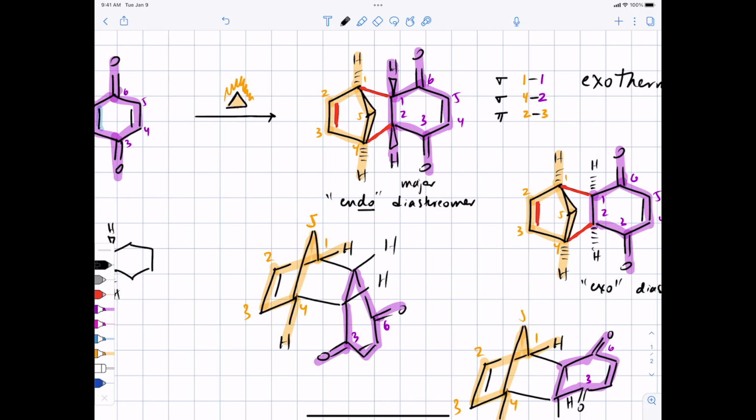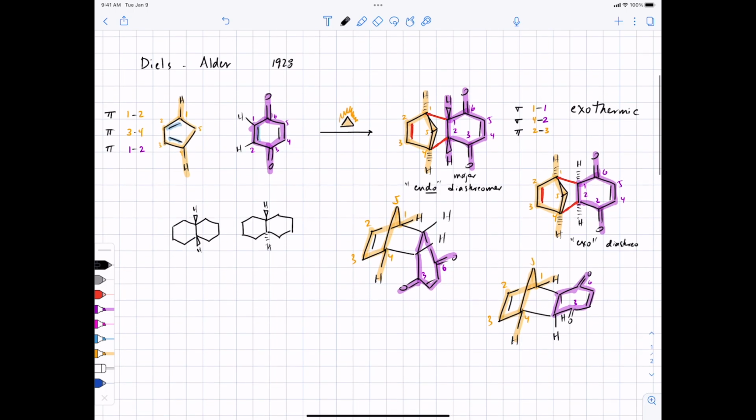We'll talk a little bit about endo versus exo later, but it's essentially an issue of what the relationship is between atoms 3 and 6 on the purple molecule and atom 5 on the orange molecule. If they're on the same side of the new ring, it's an exo product. If they're on opposite sides, it's an endo product.